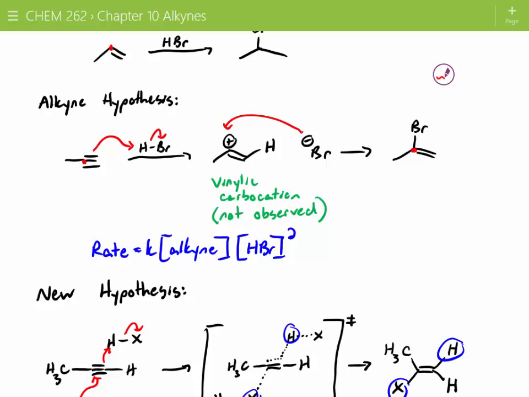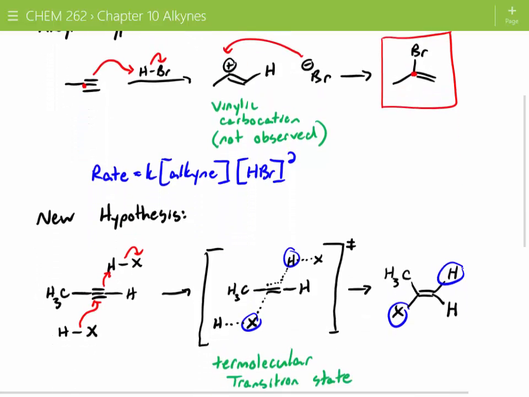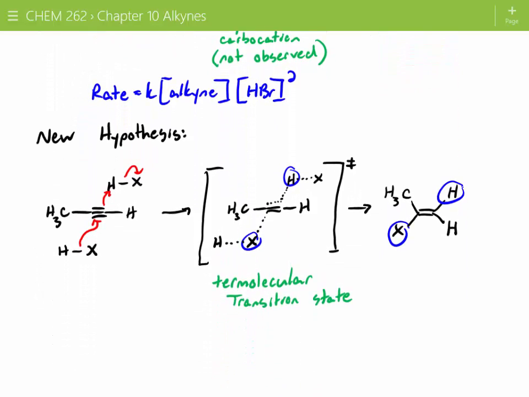However, we said that observations don't support this mechanism, and we actually had to come up with a new mechanism that did support this observation. We do know that it forms this product, it just goes through a different mechanism. So the hypothesis that supported the rate analysis said that it was actually a termolecular transition state where you have two equivalents of acid interacting with your alkyne.